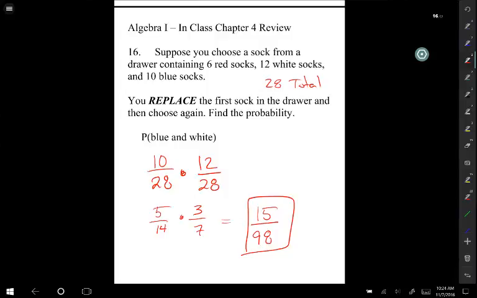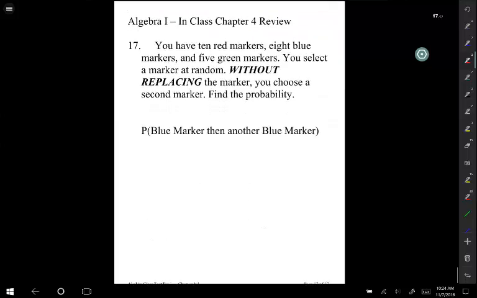Now, let's talk about the comparison. And if the bell rings, just stay with me. 10 red markers, 8 blue markers, 5 green markers. Total, let's see, 10 plus 8 is 18, plus 5 is 23. Don't pack up, just hold. Okay? What's the chance you pick a blue marker? 8 out of 23.